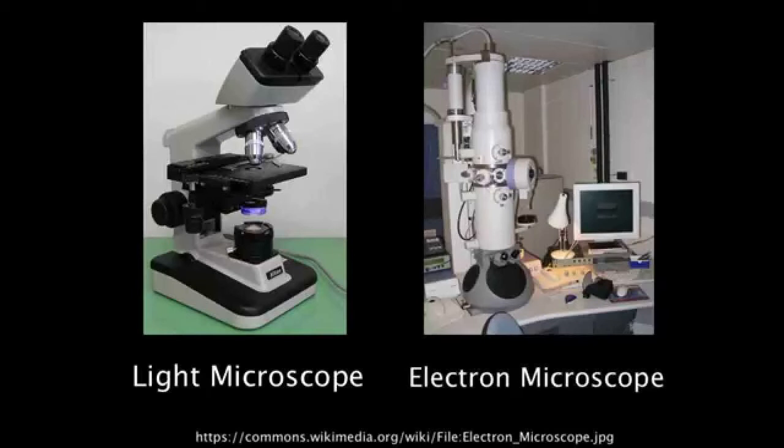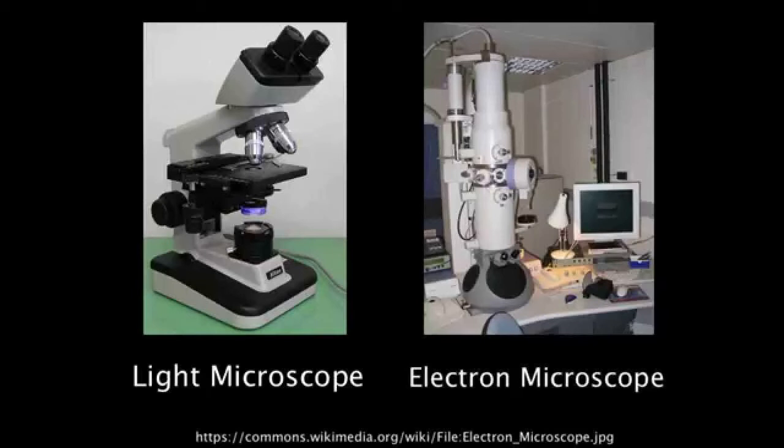As cells are very small, ordinary units are not convenient to express the size of the cell, so we use a microscope. In this picture you can see two types of microscope. One is the light microscope, another name for which is the compound microscope.